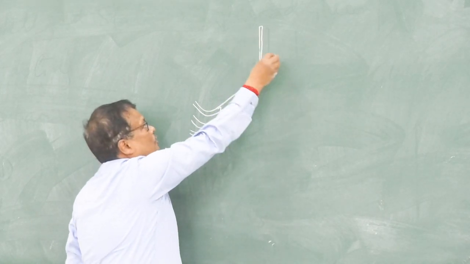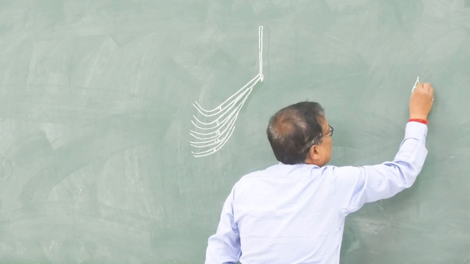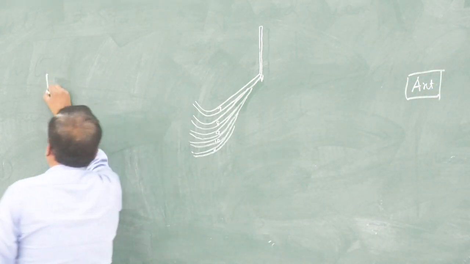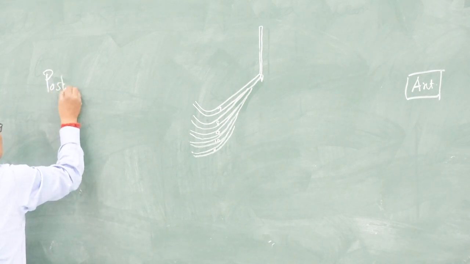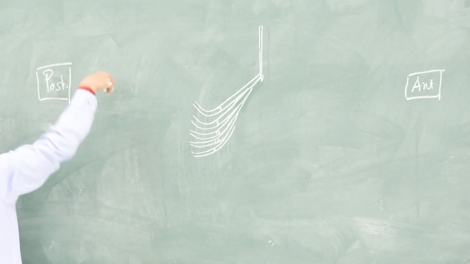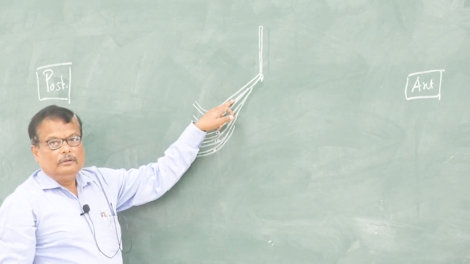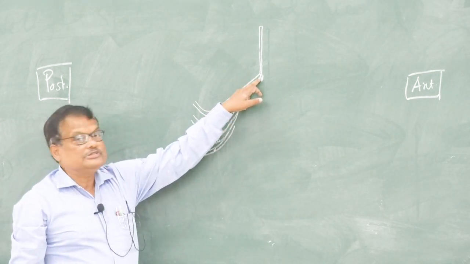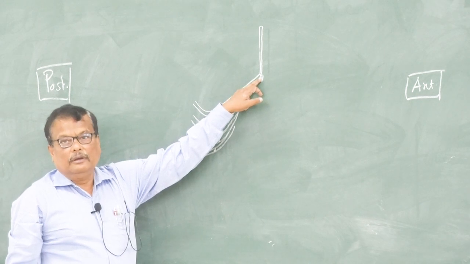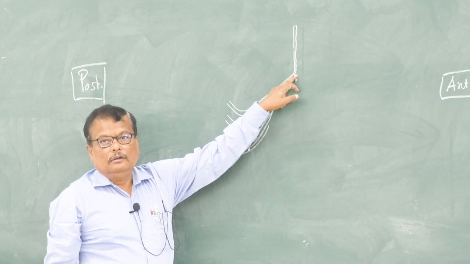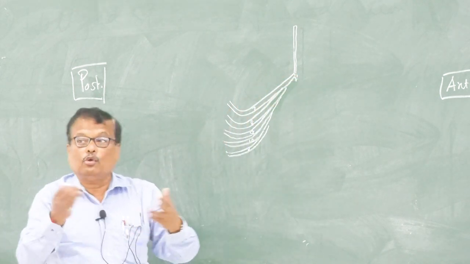This is the anterior, this is the posterior, this is the superior and inferior. Always the 7th rib touches the lower part of the xiphoid, that means the sternoxiphoid angle. You cannot draw it on your own.